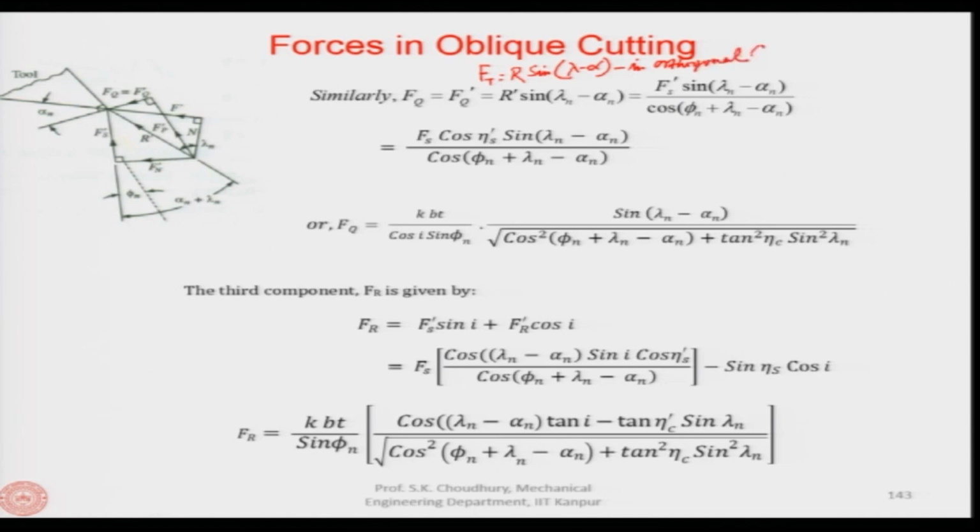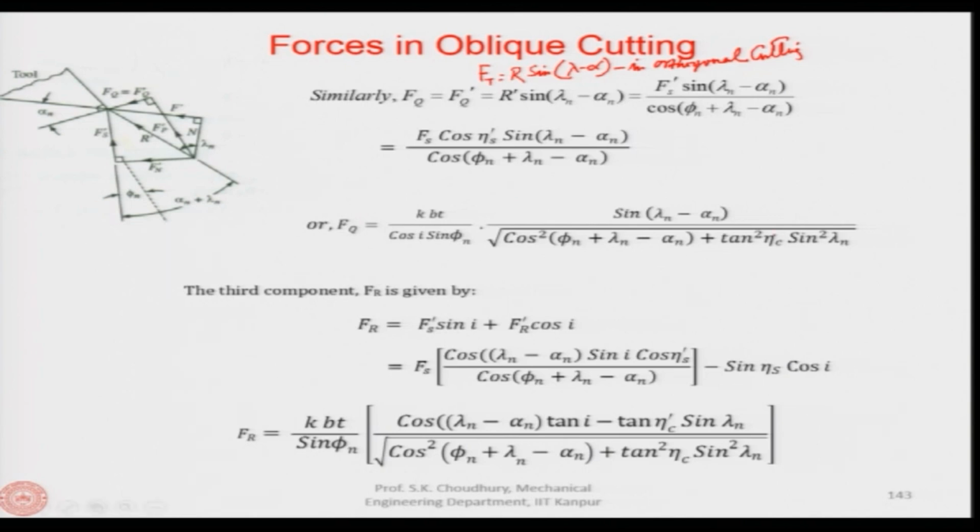Here in oblique cutting it will be r prime, and r prime can be written as Fs prime divided by this, or Fs prime can be written as Fs into cos nu s prime divided by this. Now, therefore, the Fq can be said to be equal to this expression.